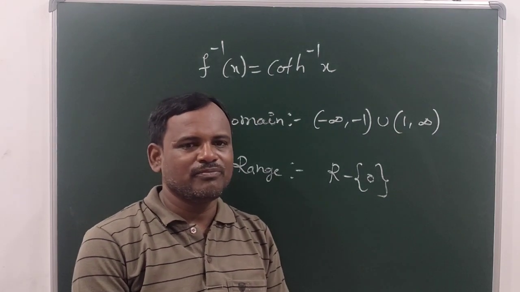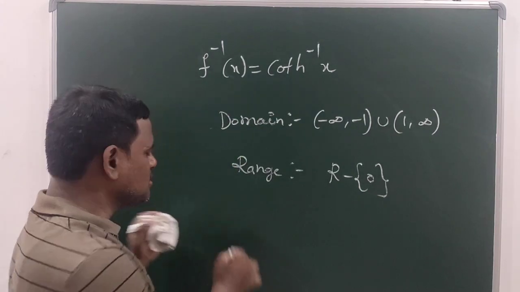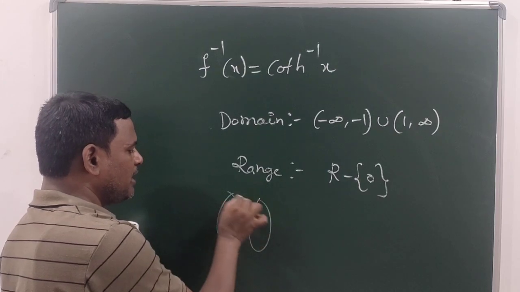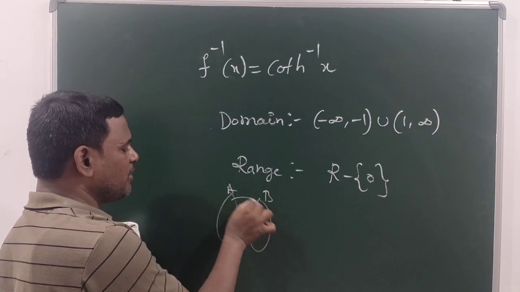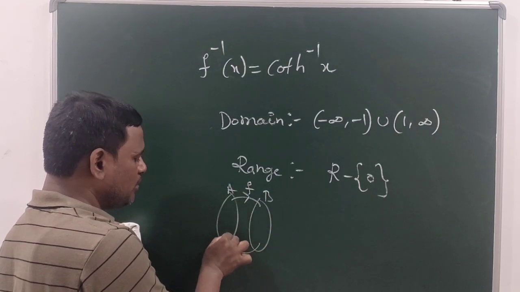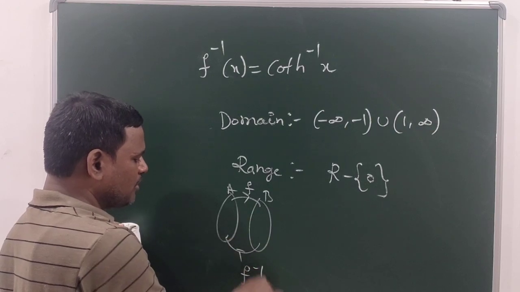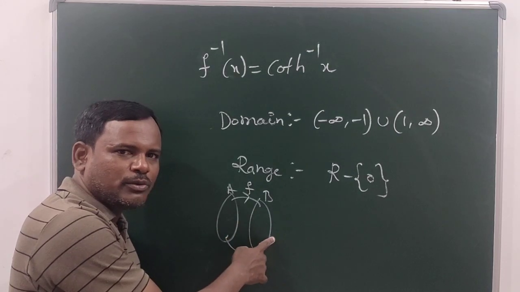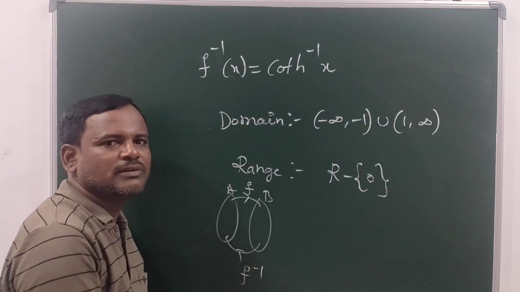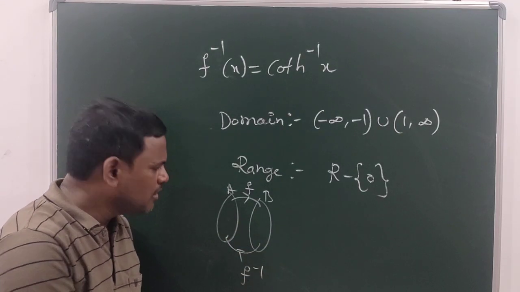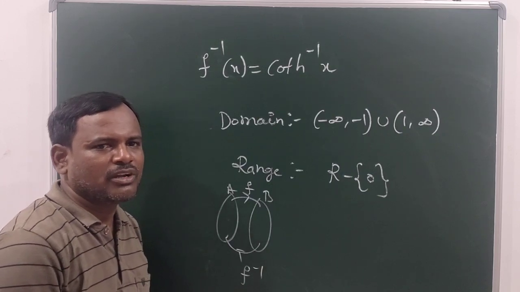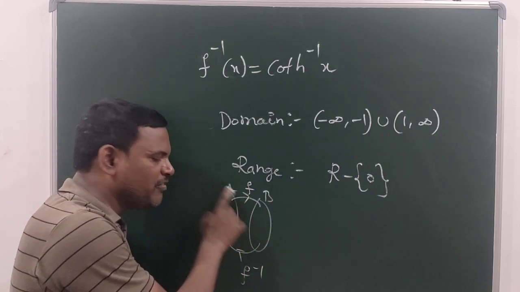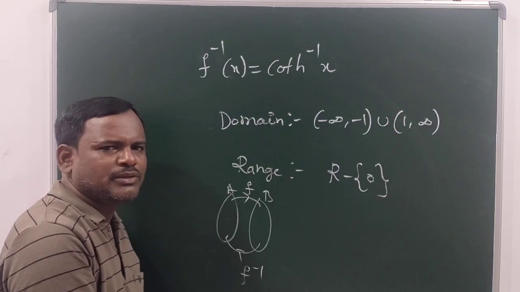You know that. In our previous classes also I talked to you. So if f is a bijective function mapping from A to B, then whose inverse will map from B to A. F is a bijective function from A to B, then whose inverse function, F inverse, will map from B to A. Okay, this inverse is possible whenever f is bijective.